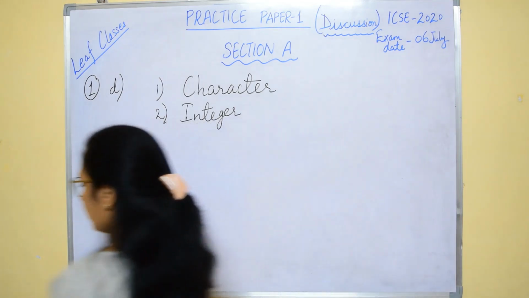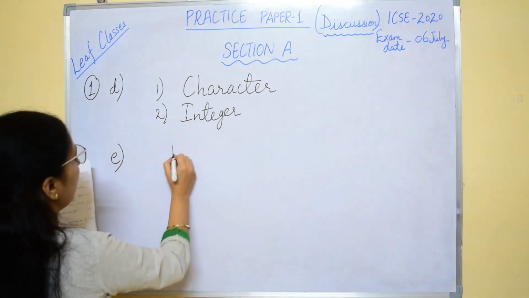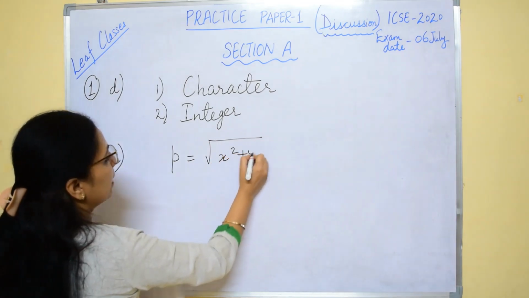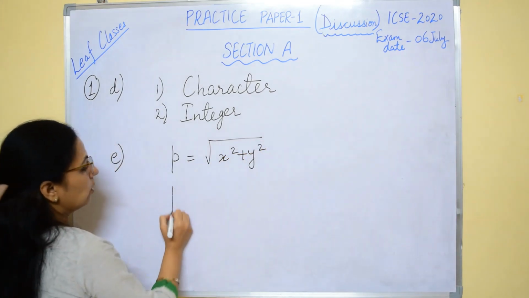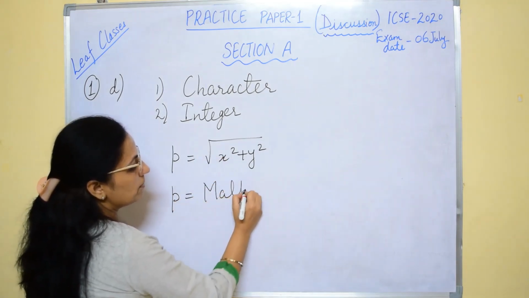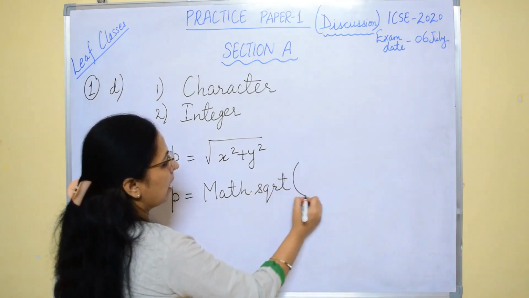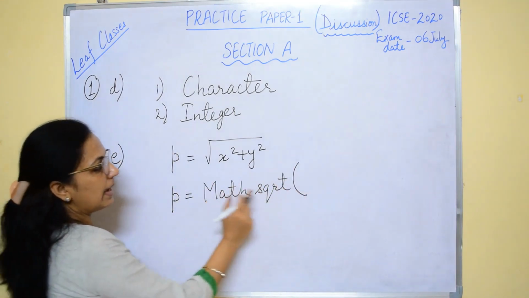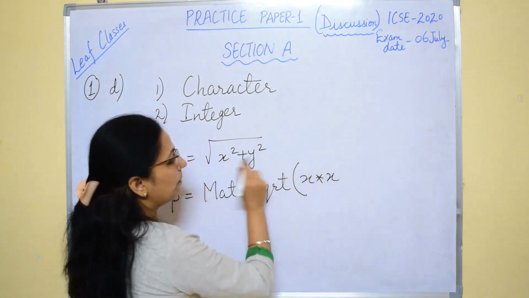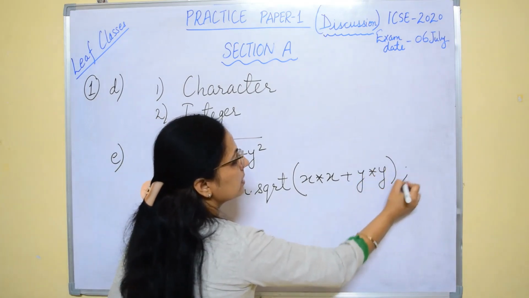The next question says write the Java expression for p equals under root of x square plus y square. For square root, we use the Math.sqrt function, M always in capital, of x into x plus y into y, semicolon.